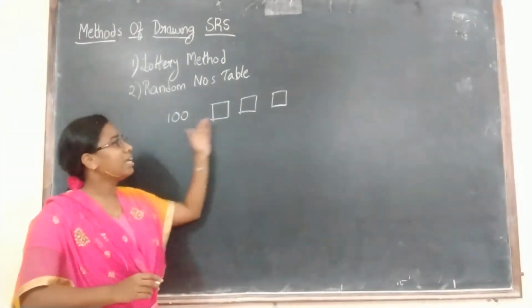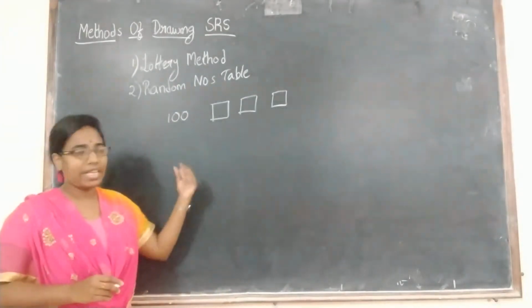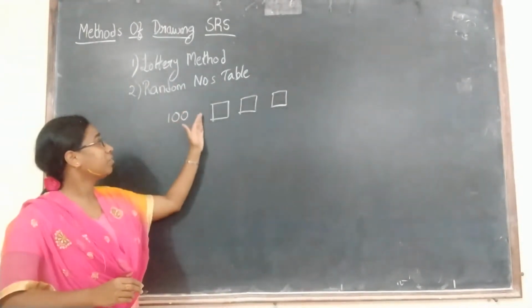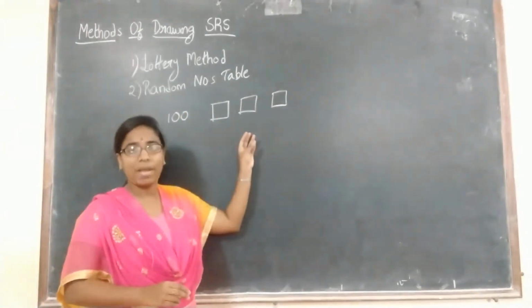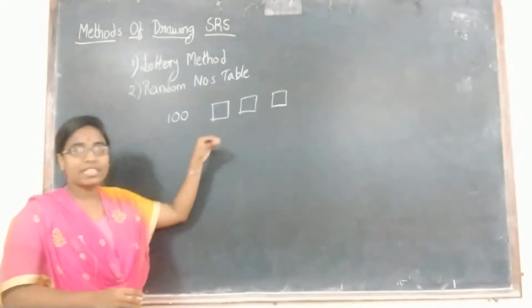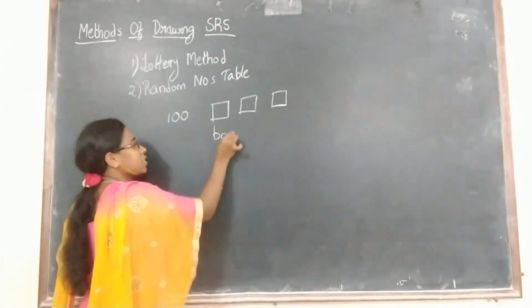Only if they are all the same will there be an equal probability of drawing the sample. Then you fold all these slips and insert them in a bag or box.